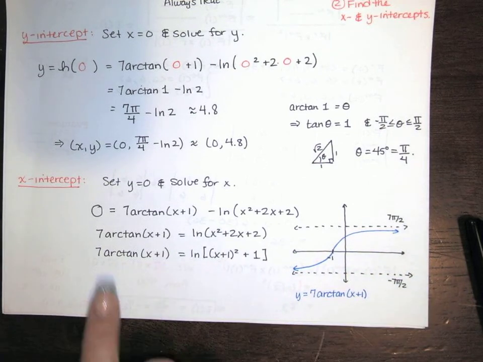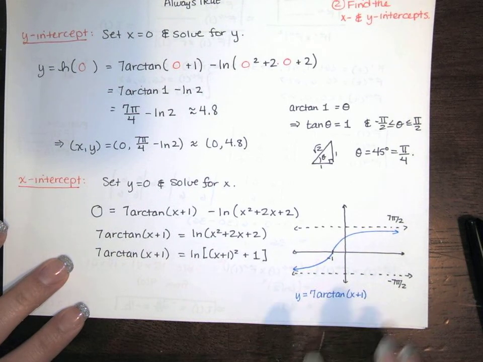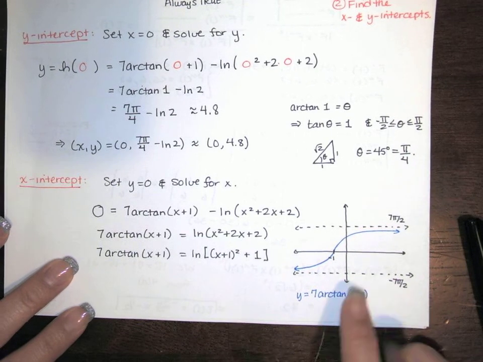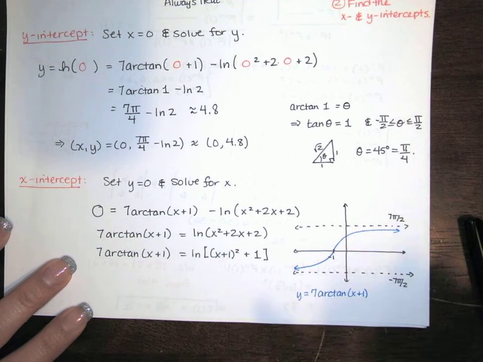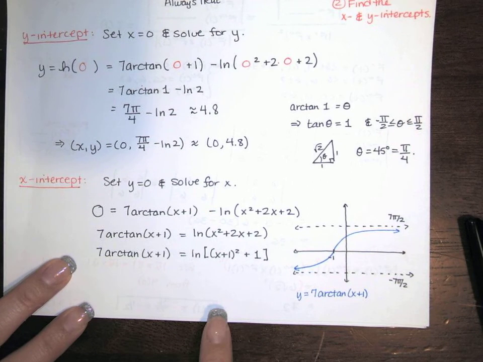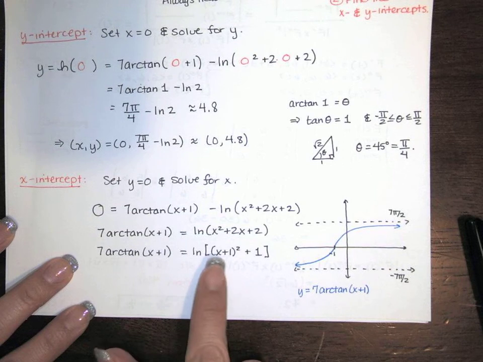Okay, so we've got 7 times this arctangent of x plus 1, and it's just a shifted, vertically stretched arctangent graph. It's been moved this way, and it's 7 times taller. So we're good over there. Now this, you have to remember how natural log works.